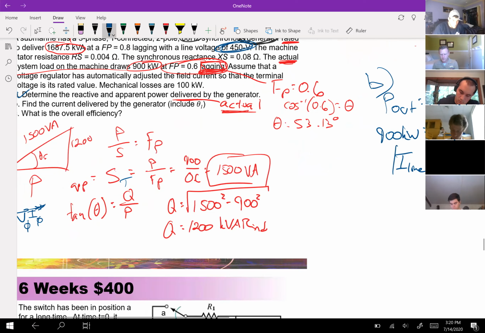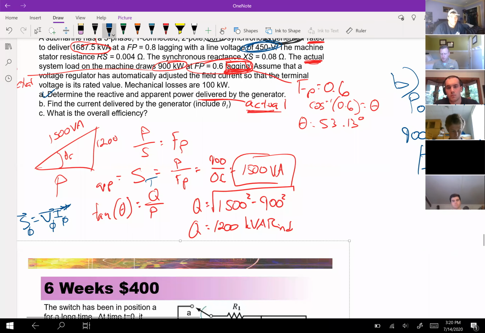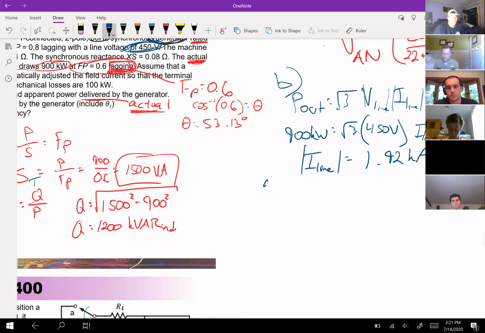Let's make sure that it even says it. It doesn't, and it probably should. So you can assume, I'll just write it down here. Assume reference phasor, EAN. So if EAN is my reference phasor, that's like saying theta V equals 0.